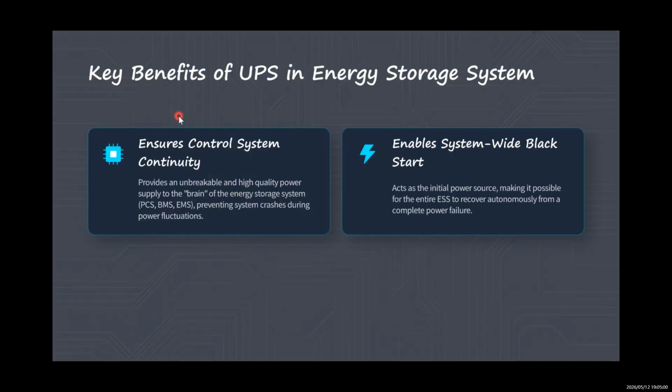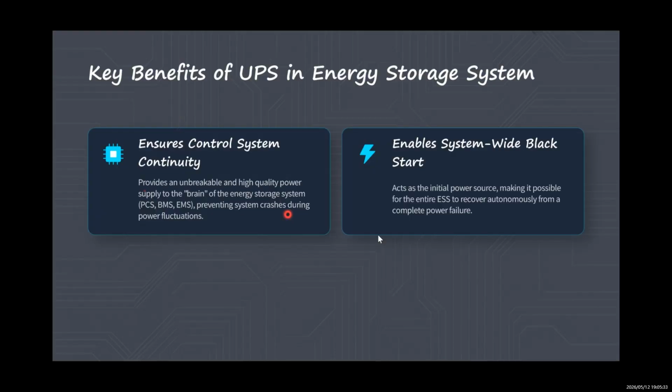Here are the key benefits of UPS. UPS can provide backup power for the brain or critical load of energy storage systems: the PCS control unit, the BMS, EMS, and protection relay, preventing system crash during power fluctuations.